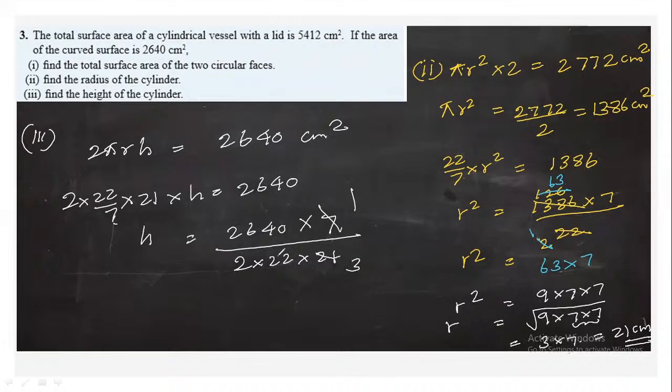How many 11s here? Divisible. How many 2s here? 11. How many 2s here? 1, 3, 2, 0. Again divide by 2. 6, 660. 660 divided by 11, that is 60.